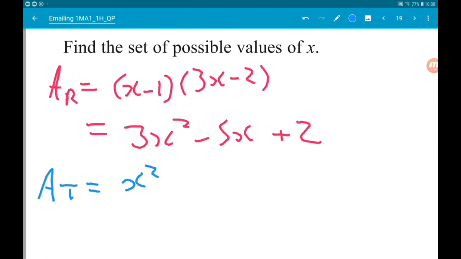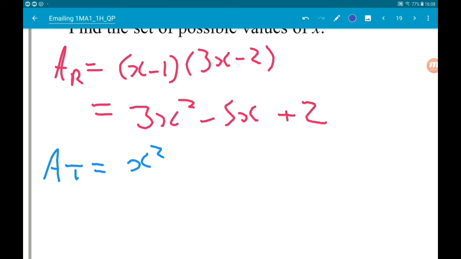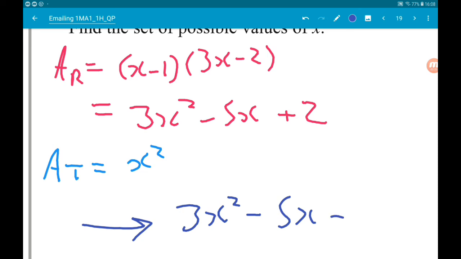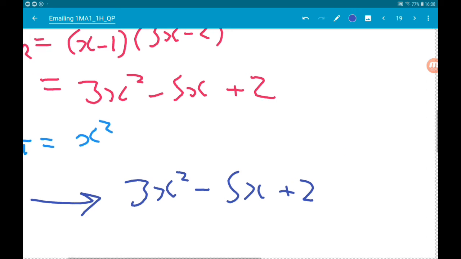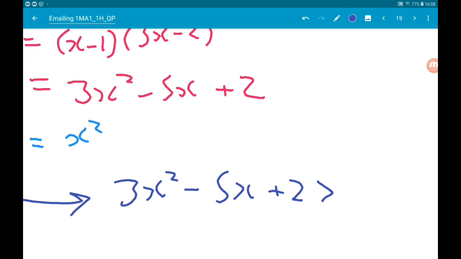Okay, so we know then that 3x squared minus 5x add 2, the area of the rectangle, is greater than the area of the triangle, x squared. Okay, so whenever you're playing with quadratics, you always want everything on the same side, 0 on the other.